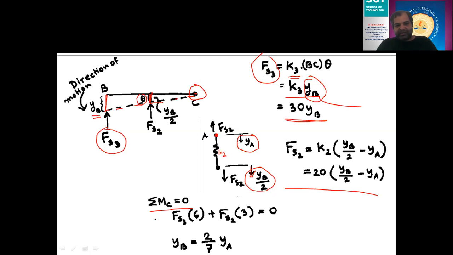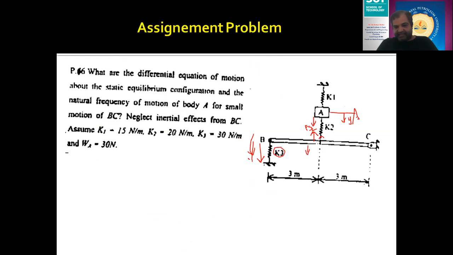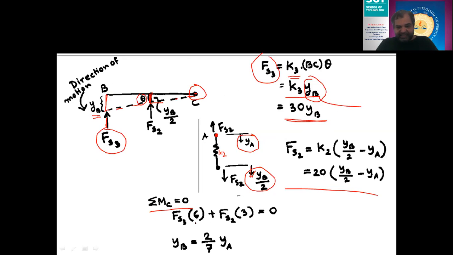So Fs3, this force, multiplied by this length BC, which is given as 6 meters, 3 plus 3, so 6, plus Fs2 multiplied by 3, is equal to 0.